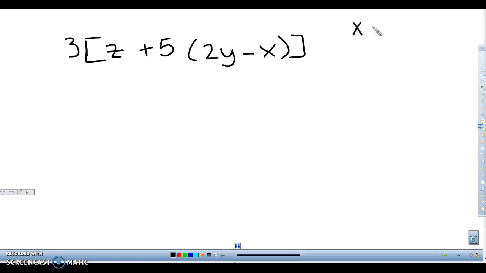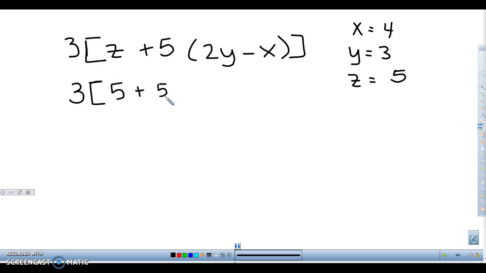And remember we said x is 4, y is 3, and z, I believe we said was 5. Yep. Okay. So that first step, again, was to plug it in. So z is 5, y is 3, and x is 4.